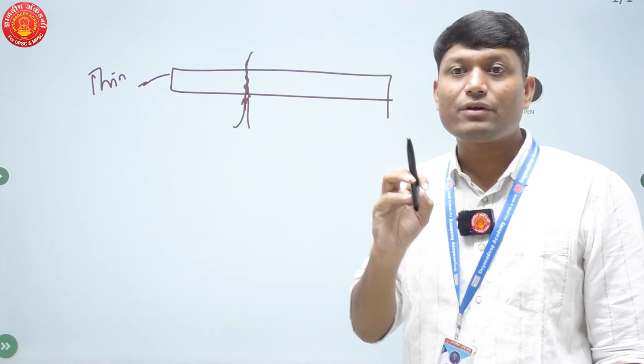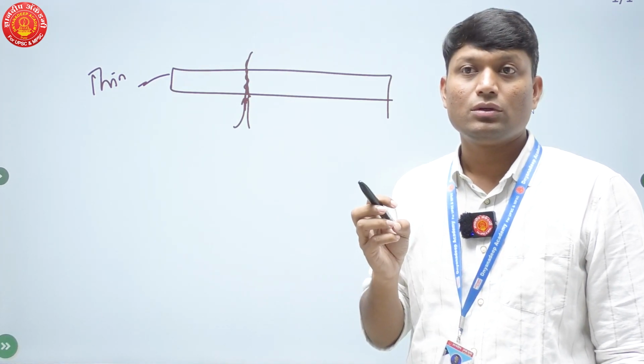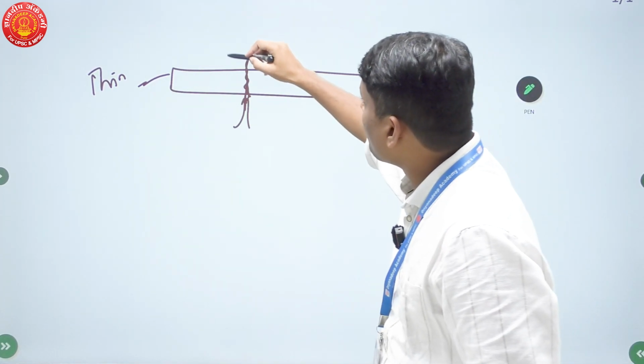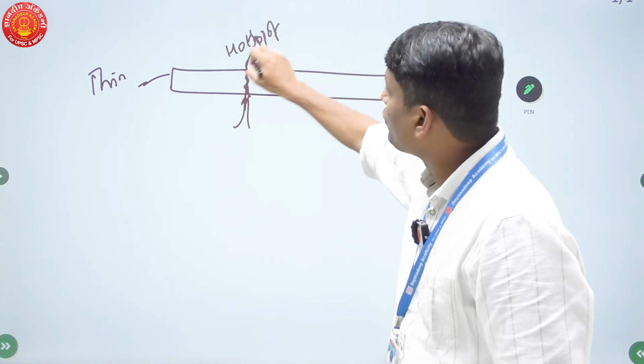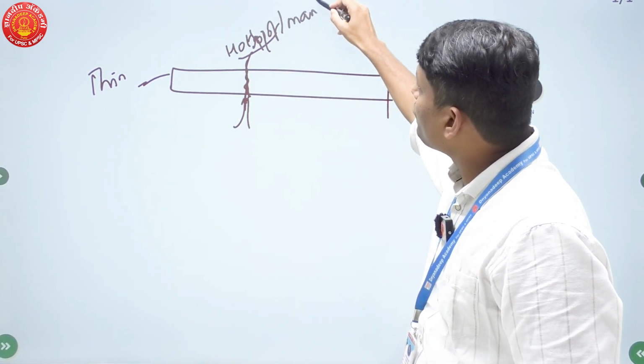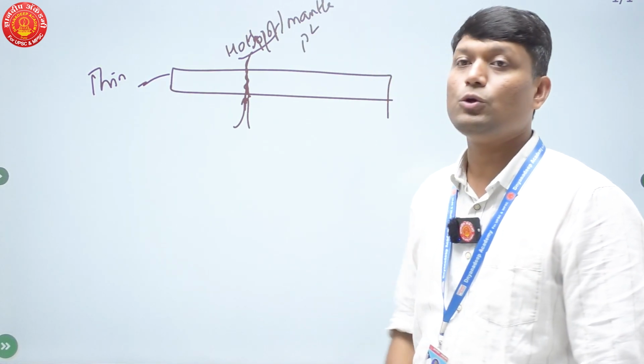So, where did this divergent boundary evolve? It typically evolved at the location of hotspot volcanoes, or where we have mantle plumes.